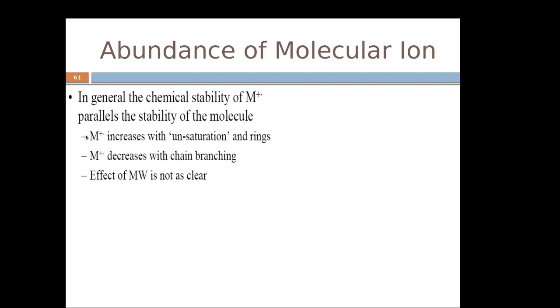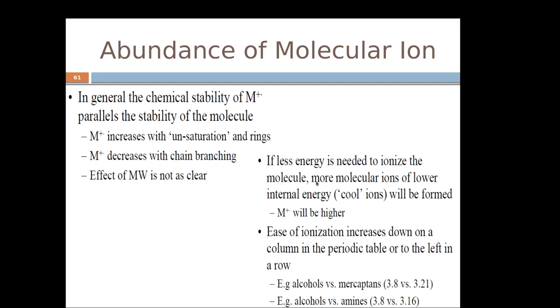So the greater the stability, the more intense the molecular ion peak. The intensity decreases with chain branching, as we have seen earlier. As of now, the effect of molecular weight is not clear, because people have not been able to find a direct correlation between the intensity of the molecular ion peak and the molecular weight of the sample.